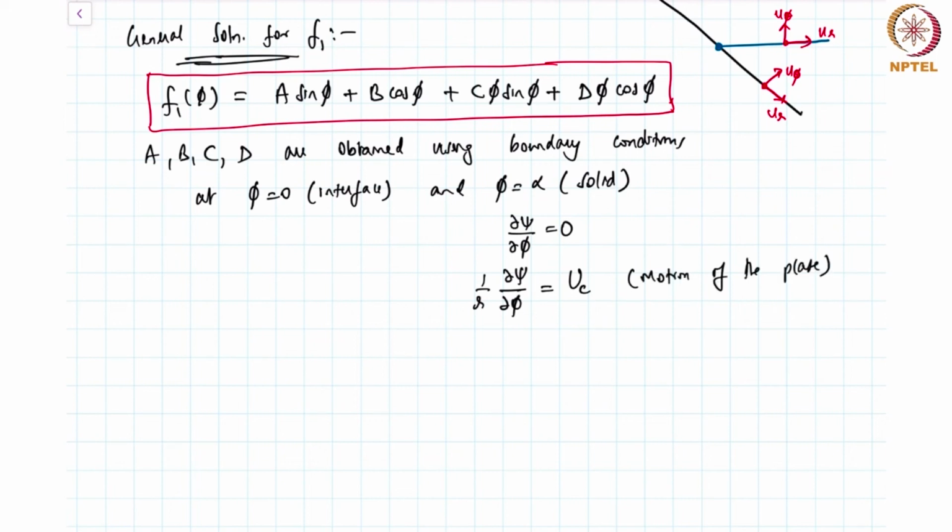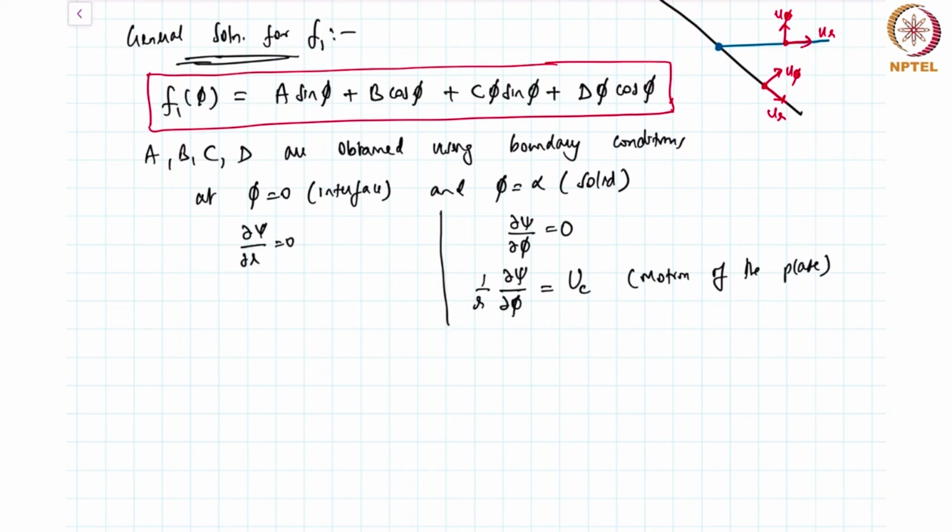Similarly, at the interface, you have a stress-free condition. Therefore, you have the azimuthal velocity 0, which simply means del psi by del r will be 0 at the interface, right?